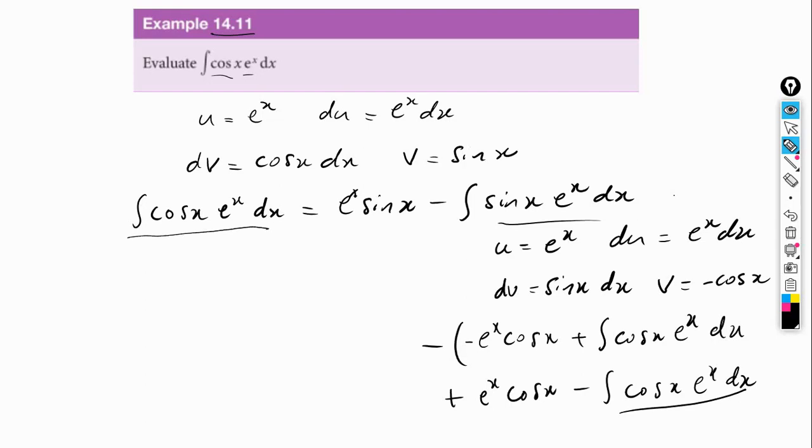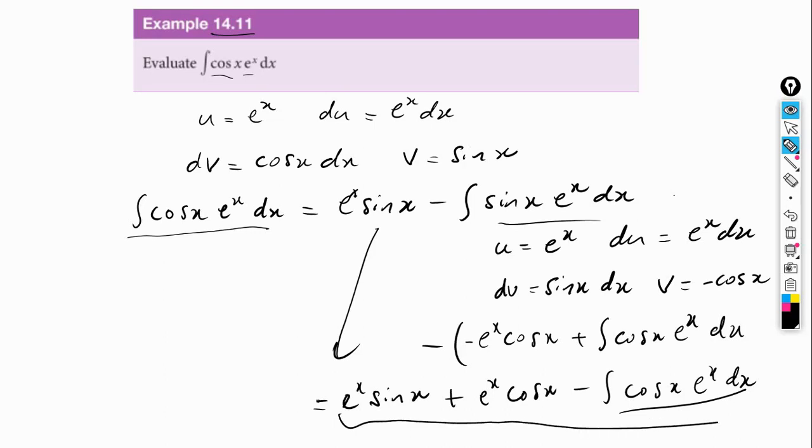But that means that we already have the solution because, oh yeah, don't forget that we also have that in front here. So let's write that as e to the x sine of x. And then what we can do is, because we have an equality here, all this is equal to the integral of cosine of x e to the x dx.